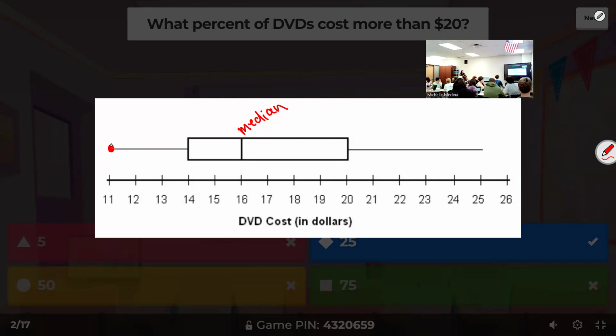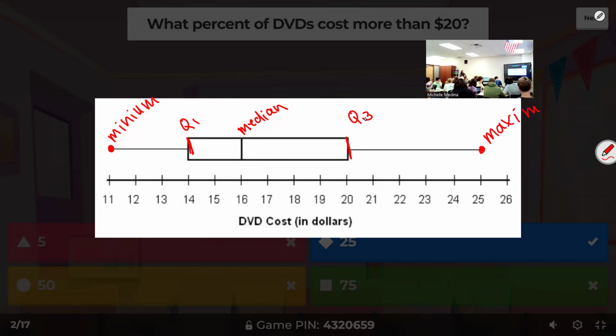Not the lower quartile right here. The minimum is that edge of the whisker, what we call the whisker. That's our minimum. This first edge of the box is called what? Good, quartile 1. This edge of the box is called quartile 3, and then this end of the whisker is called.